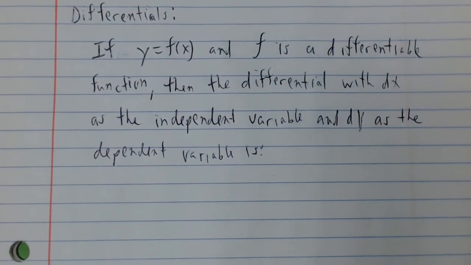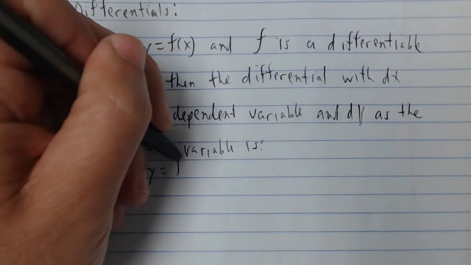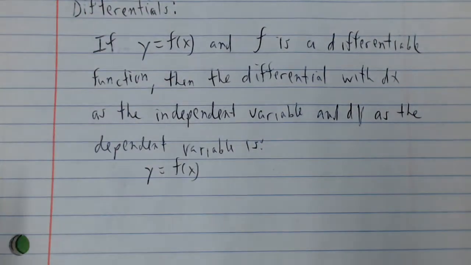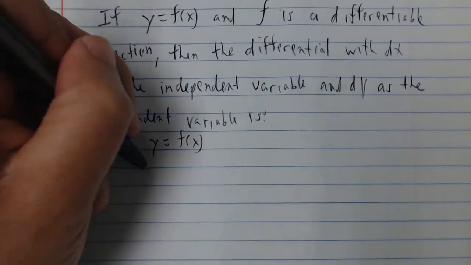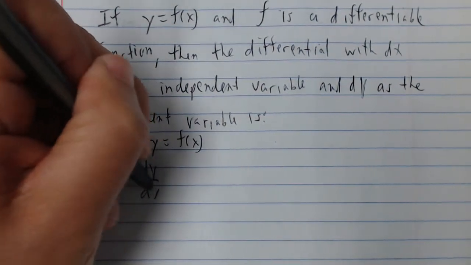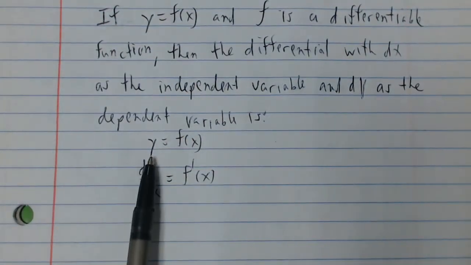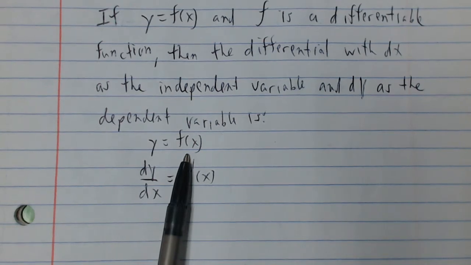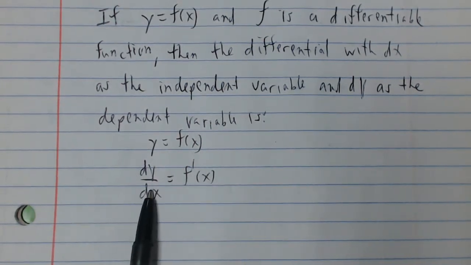What we have is we start off with y equals f of x. And what do I know? If y equals f of x is differentiable, then I could say dy dx is equal to f prime of x, right? So I basically found the derivative on the left side and the right side. So here's my derivative, which is what I want to use for differentials.